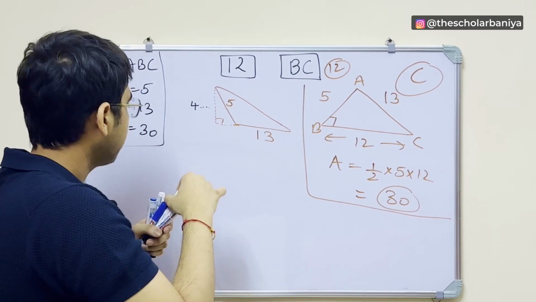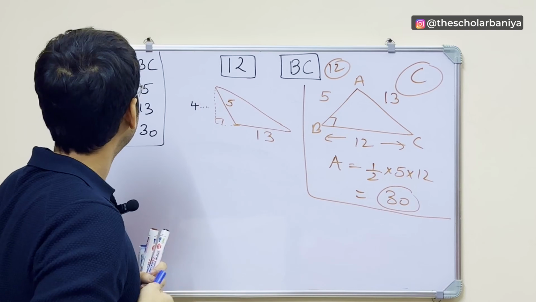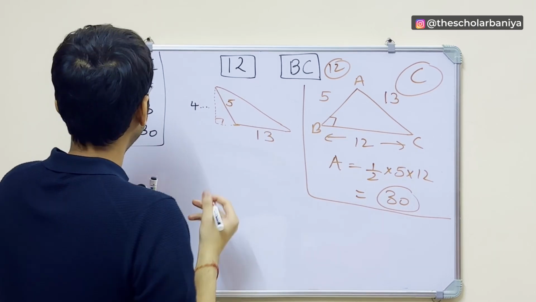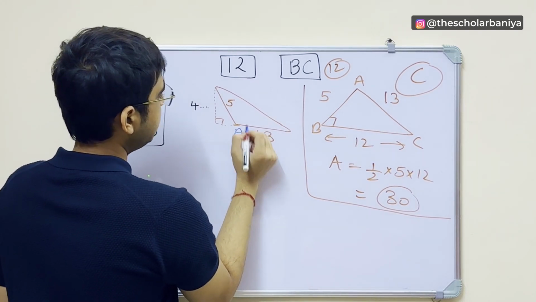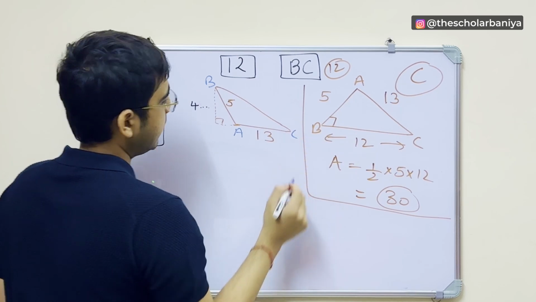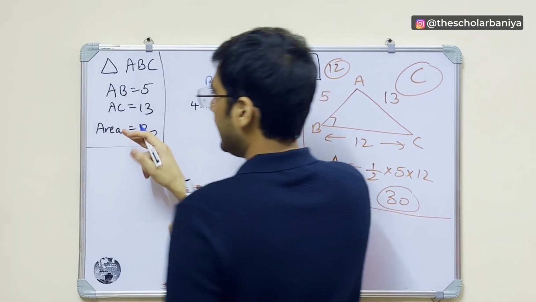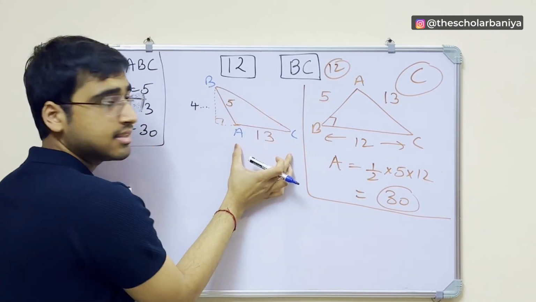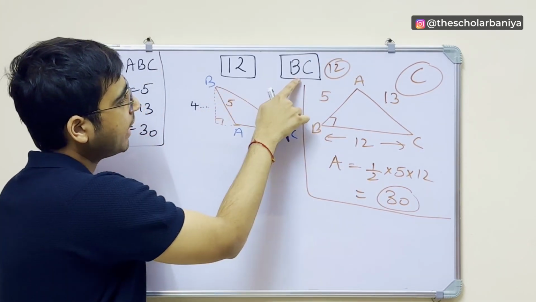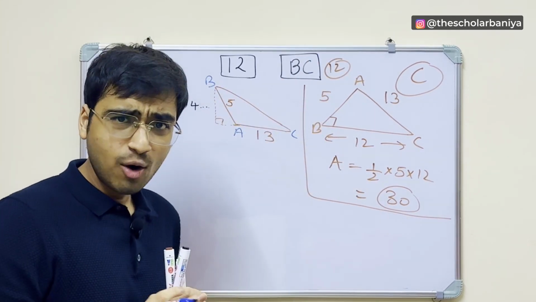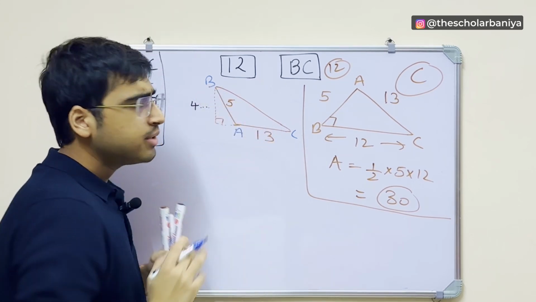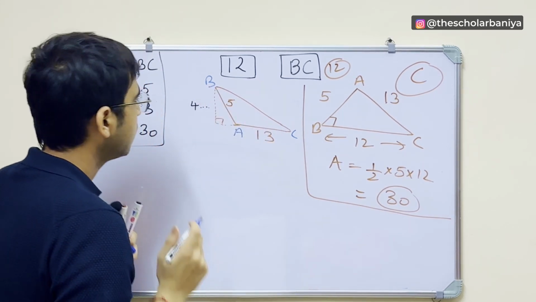Now I will just label it. So this becomes A, this becomes B, this becomes C, right? So AB is 5, AC is 13, right? So we have to find the length of BC. Now tell me, what do you think will be the length of BC over here?